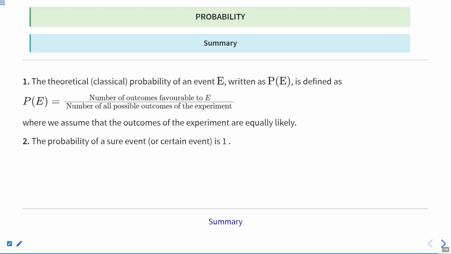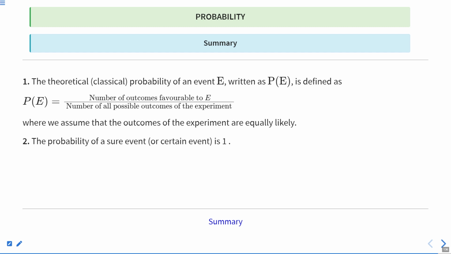First, the theoretical or classical probability of an event, written as P of E, is defined as P of E equals the number of outcomes favorable to E divided by the number of possible outcomes of the experiment, where we assume that the outcomes of the experiment are equally likely.